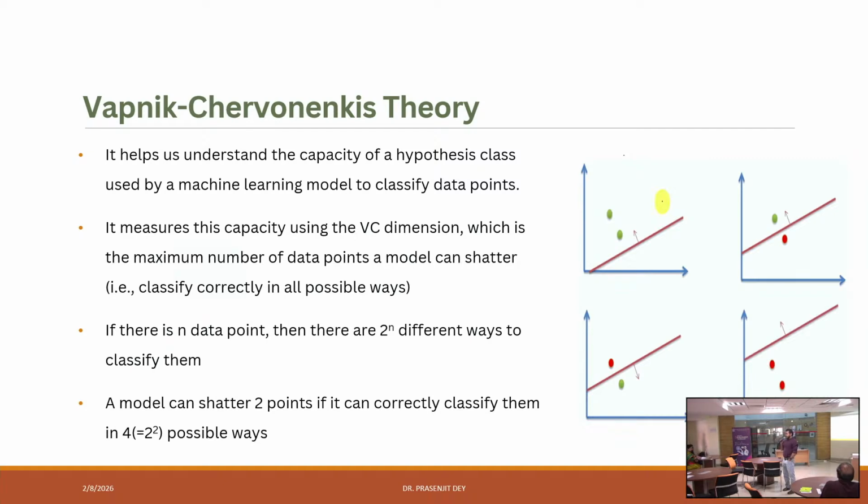So overall 8 possibilities are there, because each point can be in class 1 or class 2. With 3 points, 2 into 2 into 2, 8 possibilities are there. In that case, can I draw a line that will be able to separate the data in all possible ways?